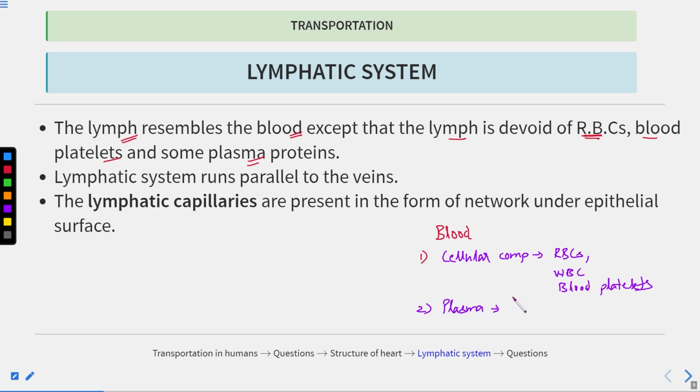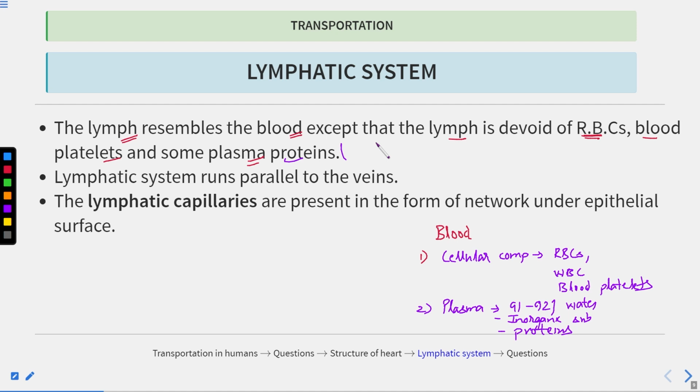Plasma, what does it consist of? 91 to 92% of it is water. Apart from that, it also consists of inorganic substances like inorganic salts. It also consists of the proteins, known as the plasma proteins.